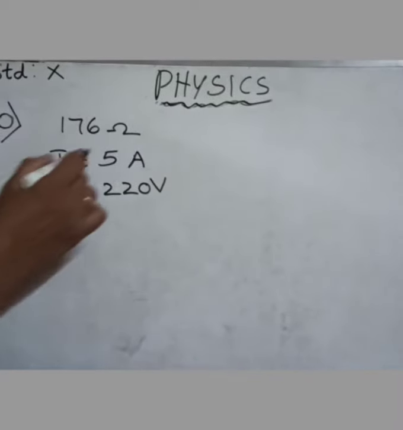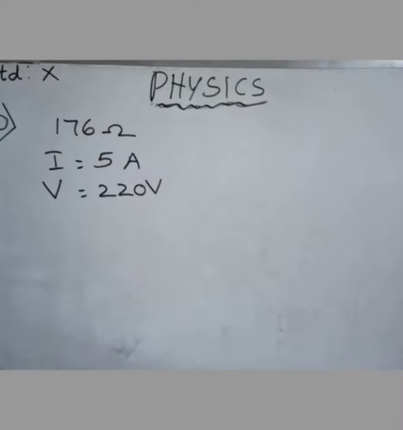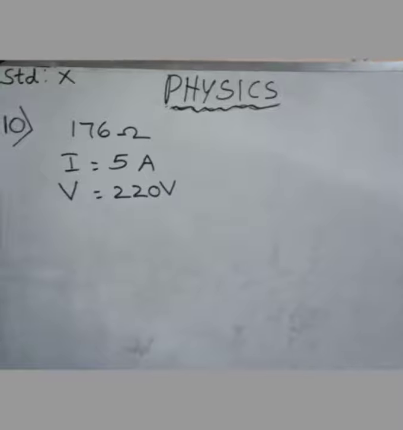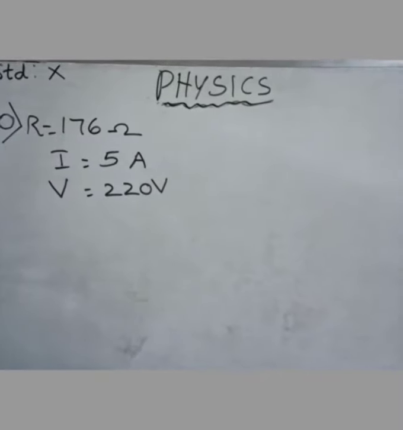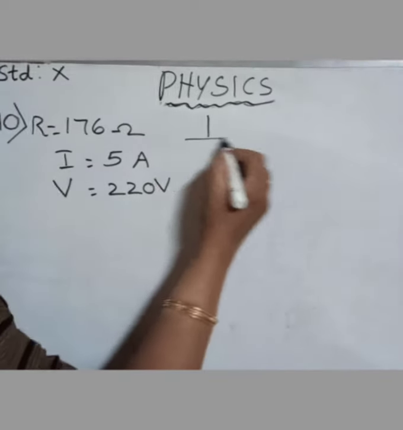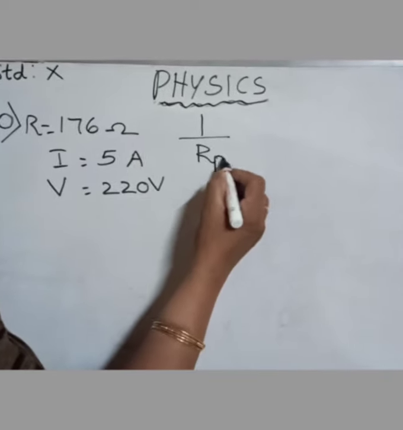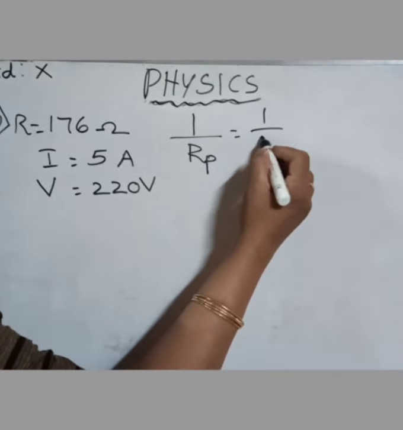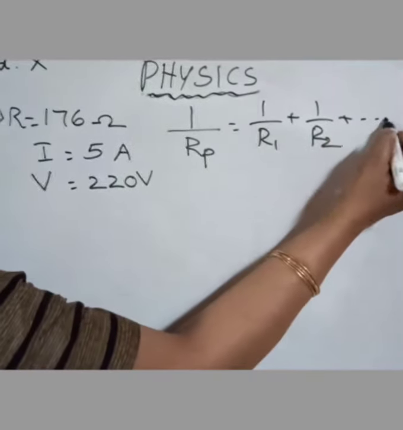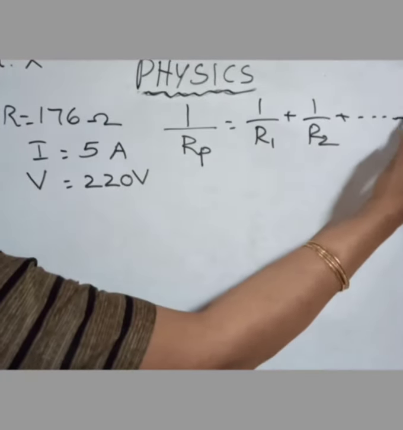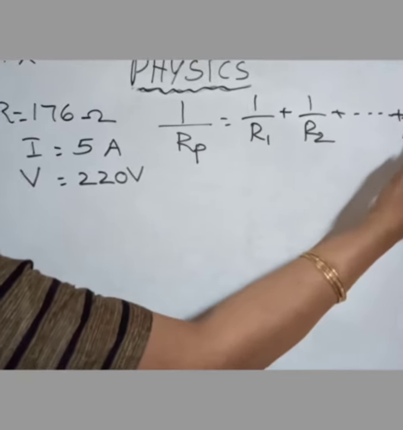That means how many 176 ohm resistors you have to connect in parallel. So R is equal to 176 ohm. We already studied that the effective resistance in parallel, 1 by Rp, is equal to 1 by R1 plus 1 by R2 plus, we don't know how many numbers, so plus 1 by Rn.